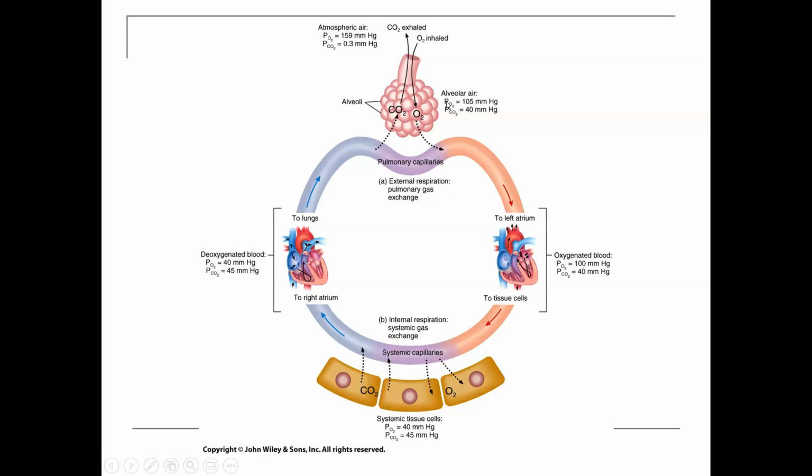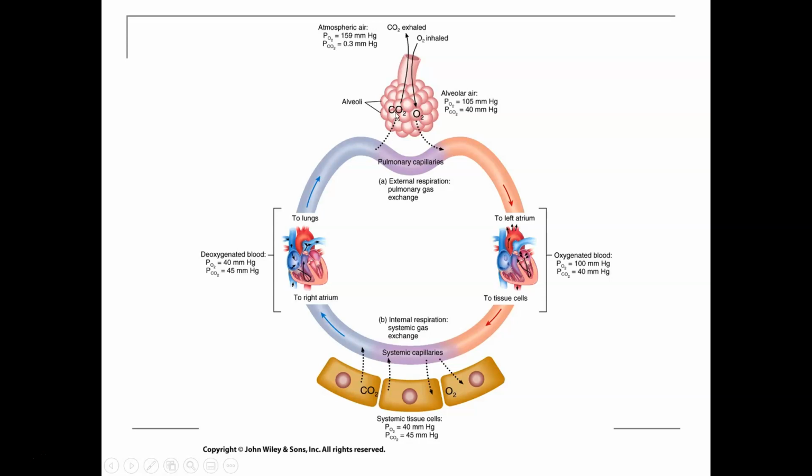Well, look at the partial pressures. PO2, that's the partial pressure. You don't have to memorize the numbers. Just look at the gradient, though. It's 105 millimeters of mercury in the alveoli. If you look at the blood coming into the pulmonary capillaries, it's only 40. So big gradient, right? Oxygen is going to move from higher to lower, down its partial pressure gradient.